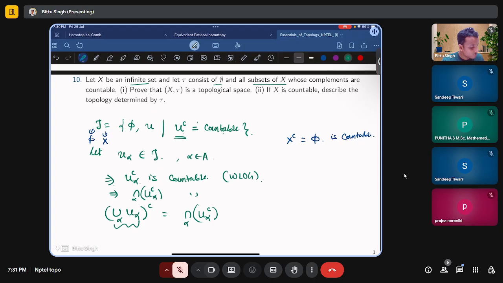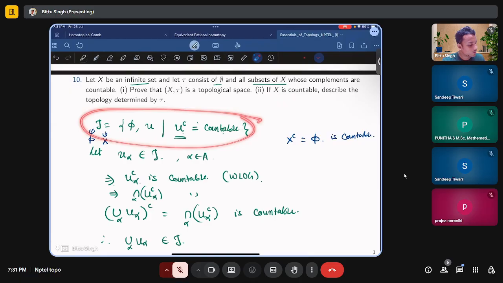So the complement of this union is countable. We have arrived at this conclusion. So by definition, the union of U alpha belongs to tau, because tau is defined in this way: if the complement is countable, then the set should be there.